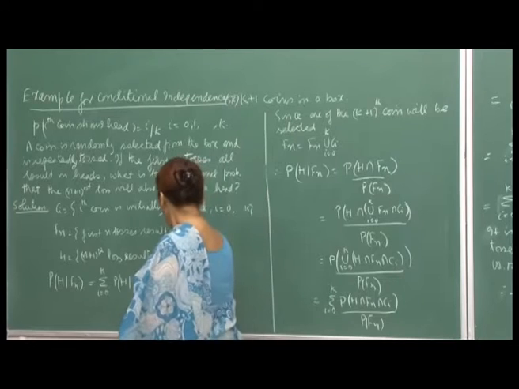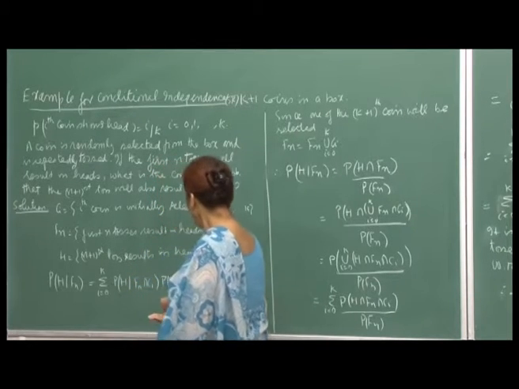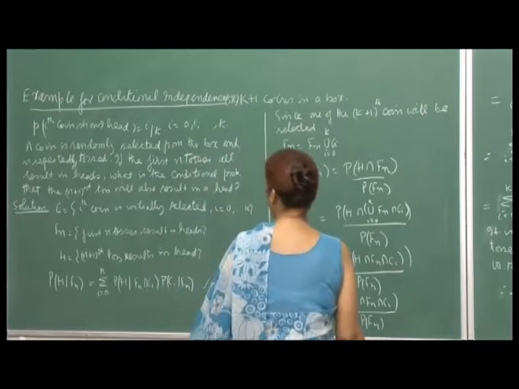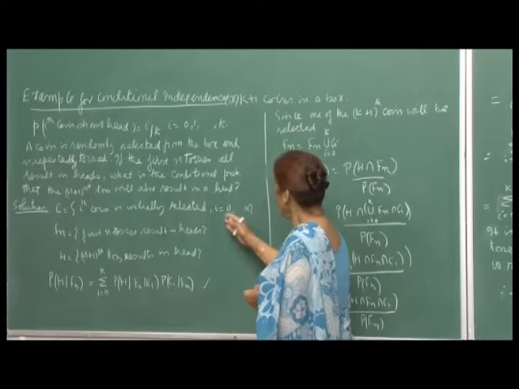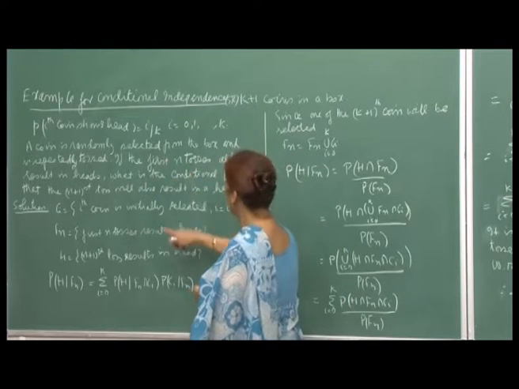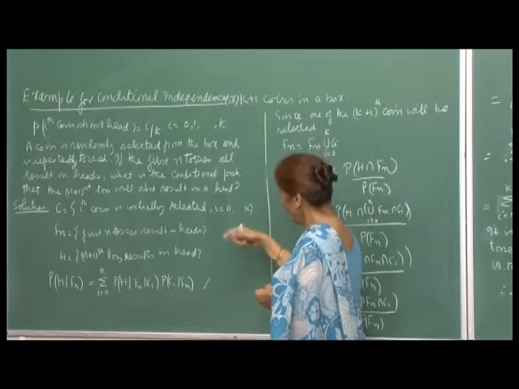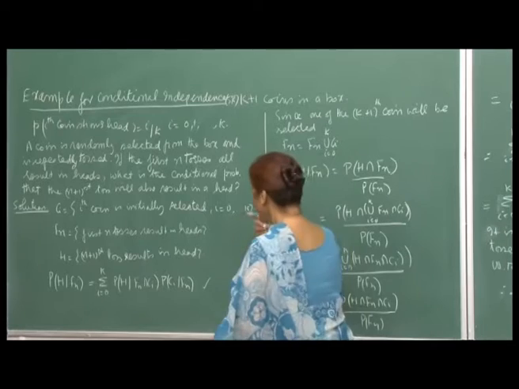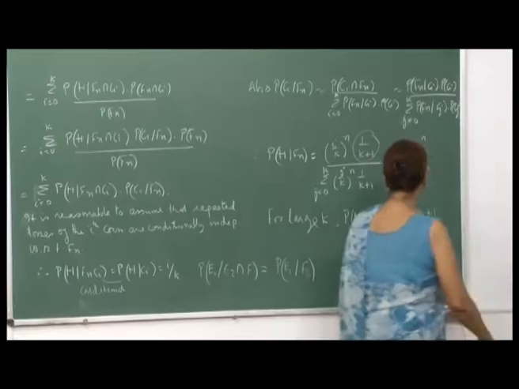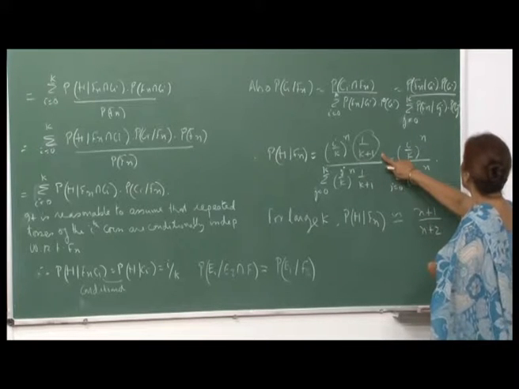So, the probability of picking up the ith coin, if you just pick up the ith coin, that probability should be 1 upon k plus 1, because any of these coins are equally likely. Remember, a coin is randomly selected, so any of the coins is equally likely when you pick up from the box. So, therefore, the probability of picking up a coin is 1 by k plus 1.